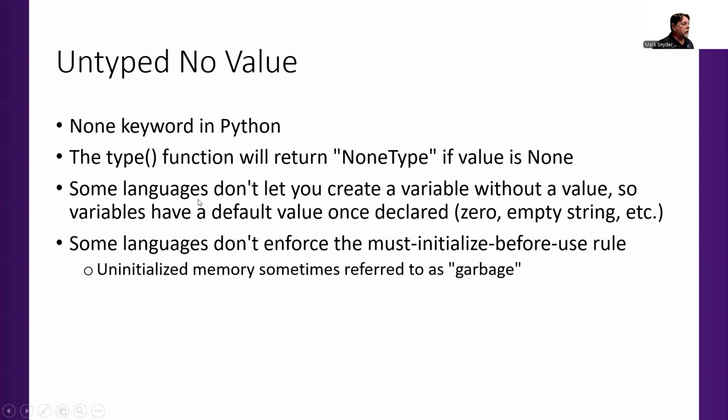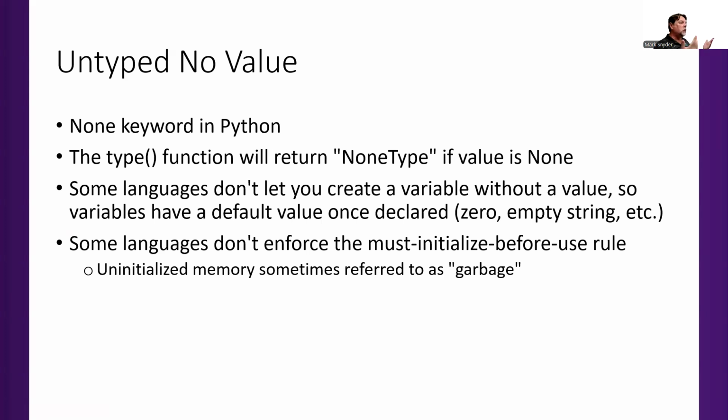And comparing that to other languages, some languages don't even let you create a variable without initializing it. Now, you'll see that in a couple of different flavors. Some languages will let you declare a variable, but not give it a value, and then say, well, that's fine. But if you ever try to use it in that state, I'm going to say, sorry, but you tried to reference memory that hasn't been initialized yet.